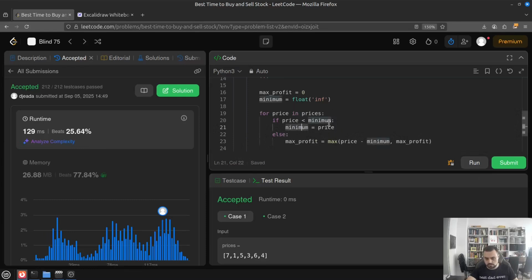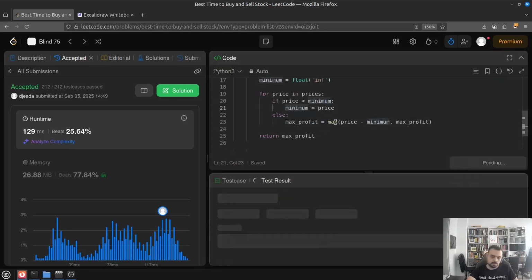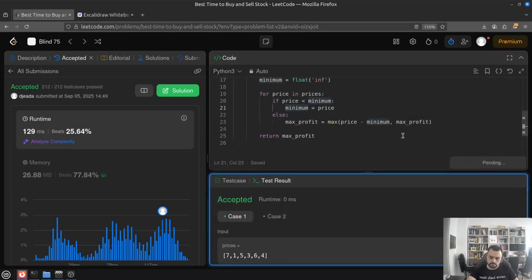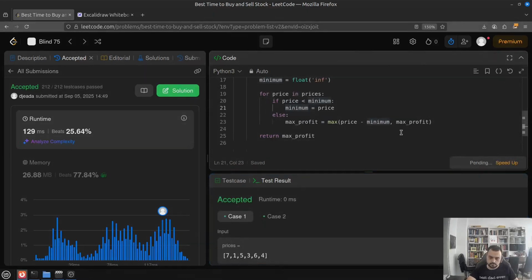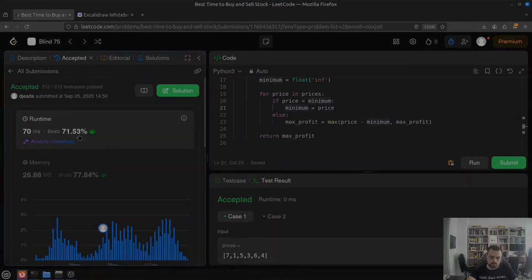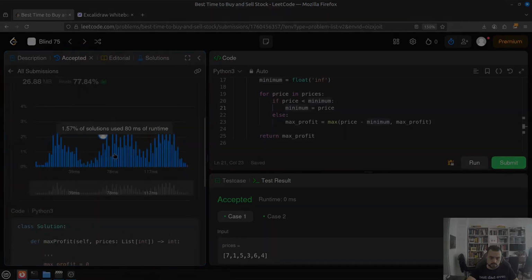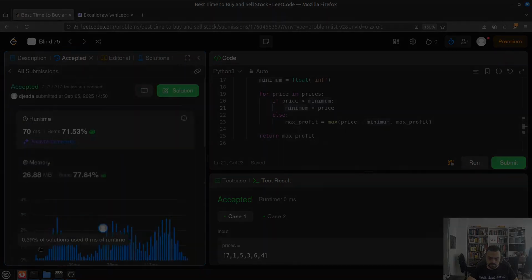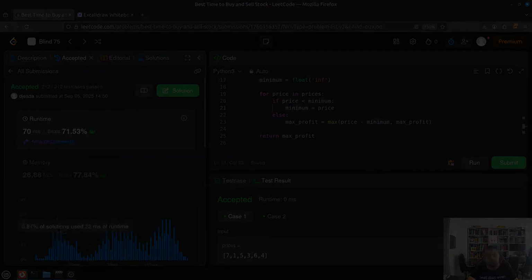We wouldn't update it each time we enter the loop, just when the condition is met, which should make it a little bit faster. And as you can see, now we beat 71%, but probably if you rerun it enough times, you can get up to 80 or 90%.